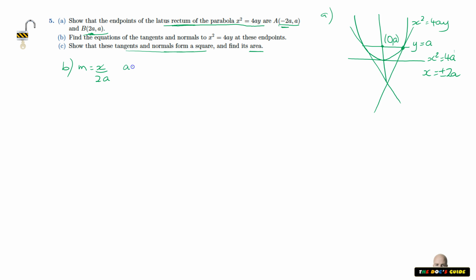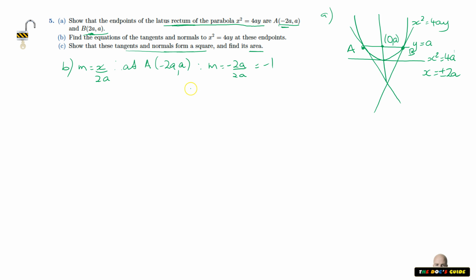So at point A, which is (-2a, a), what have we got? We've got that the slope is x, which is minus 2a on 2a. So the slope is minus 1. So the slope of this particular tangent is minus 1, the one that passes through here. So this is point A, this is point B.